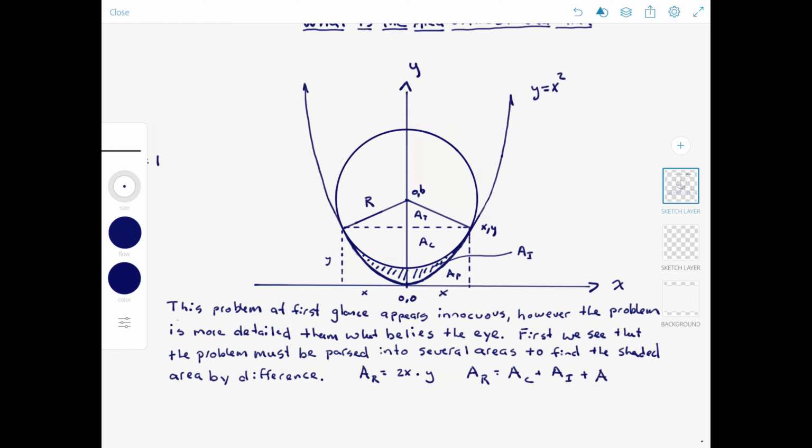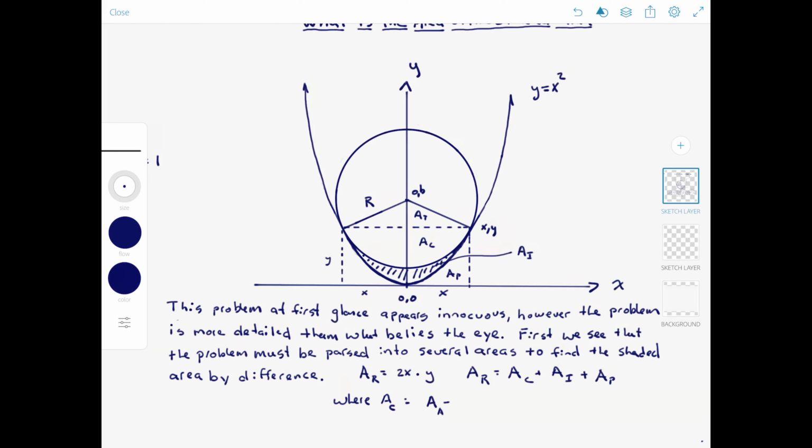We have the area of the rectangle, A sub r equals 2x times y, and the area of the rectangle is also equal to the area of the circle, AC, as I have delineated, at least that portion of AC that's within the rectangle, that excludes the area AT, plus AT, the area of the shaded portion, and AP, which is the area between the parabola and the x-axis.